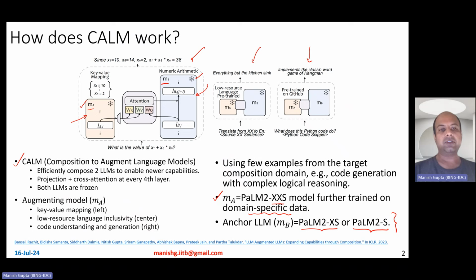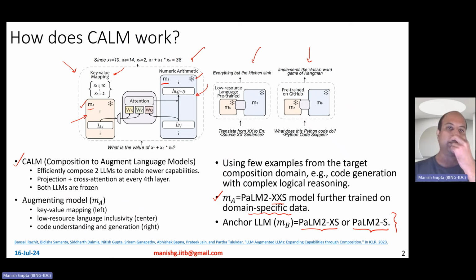In the first case, MA has been trained on some key value mapping. So MA has been trained to say that X1 is 10, X2 is 2, and so on. MA sort of rote learns the assignments of a particular value to a variable X1, X2, X3, X4, and so on.